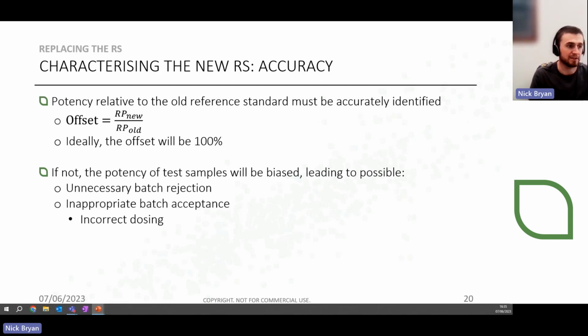Firstly, we could end up with unnecessary batch rejection. So we'd be wasting resources because our test sample measurements might lie outside of the specification limits.